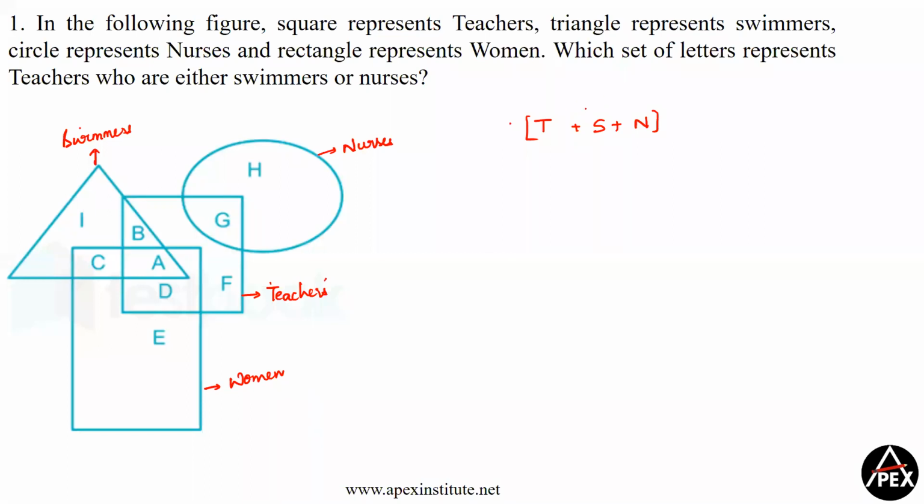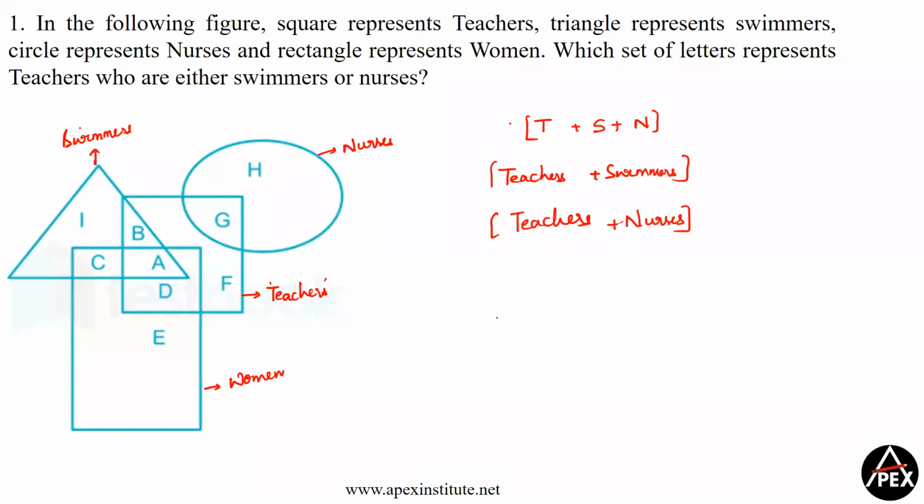Is it said that either? Either or, it can be. I will write teachers plus swimmers, or teachers plus nurses, isn't it?